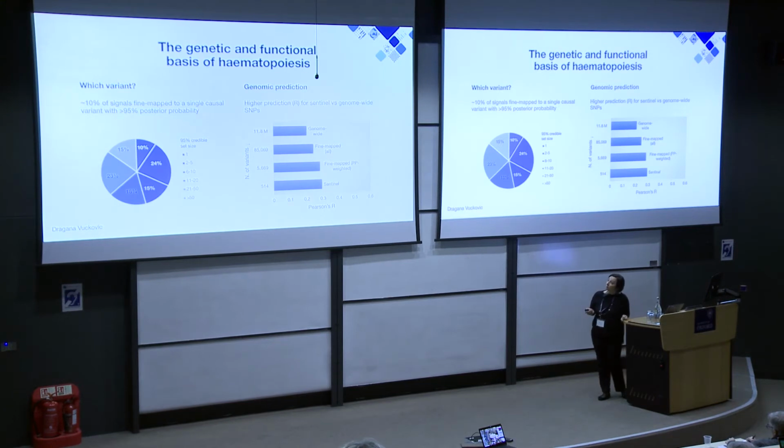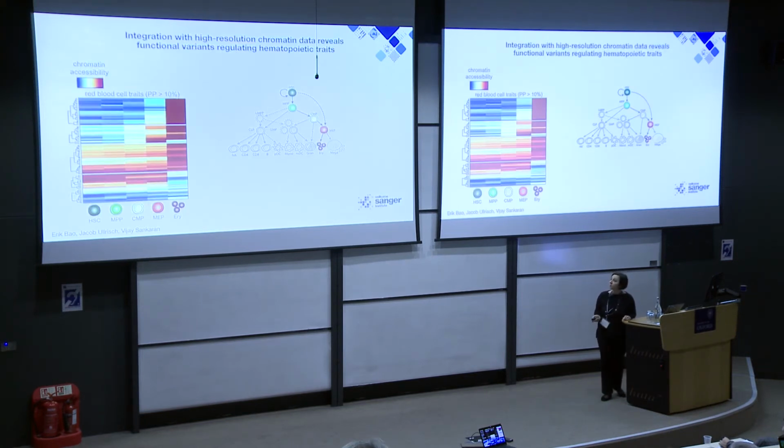What is remarkable is that, compared to many other phenotypes, we are beginning to have much greater predictive power by only taking into consideration the sentinel variants or the fine mapping sets compared to genome-wide variants. This suggests that we're at the point where we probably have captured the majority of predisposing loci in the population.